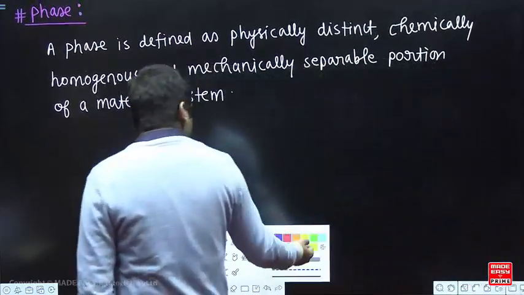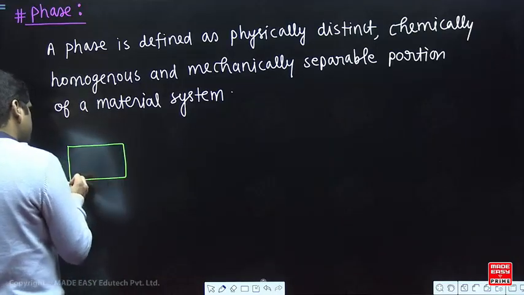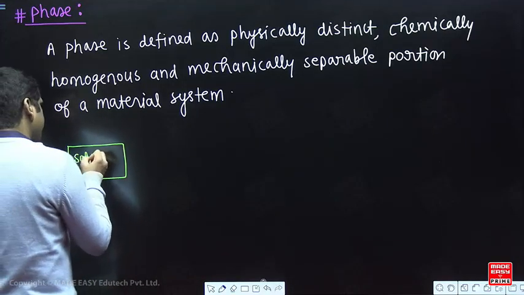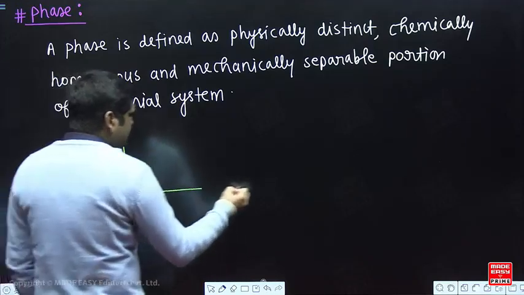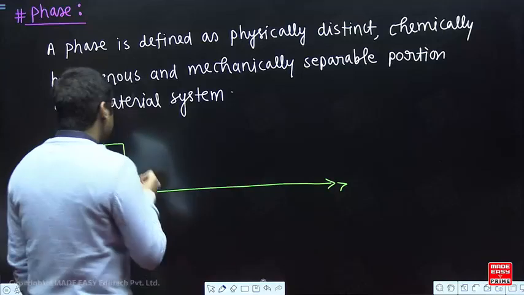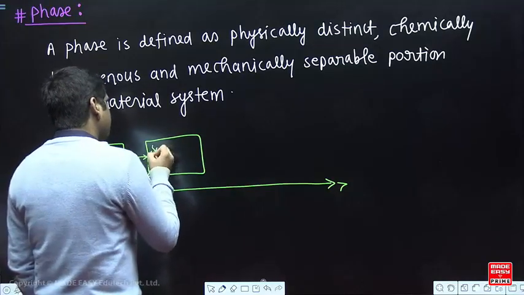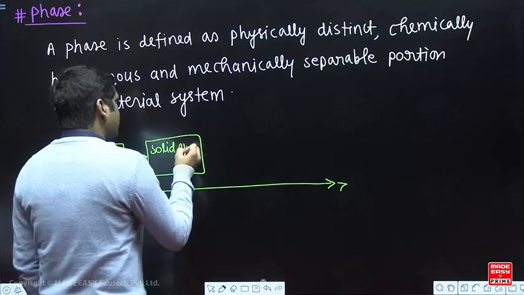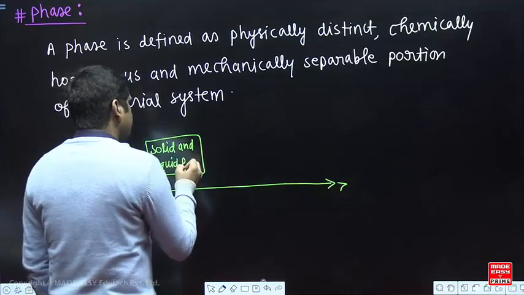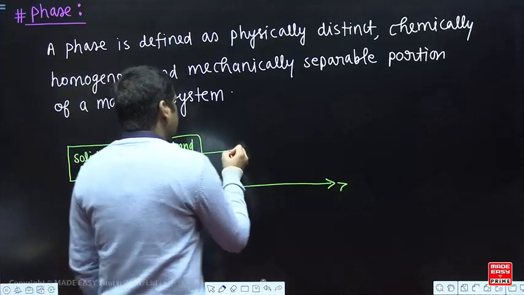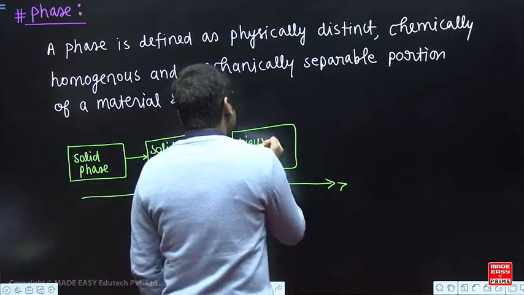Let us suppose we have a material at the room temperature in the solid phase. When we increase the temperature, it may convert into mixture of solid and liquid. So it is solid and liquid phase. Then it may go to fully liquid phase.